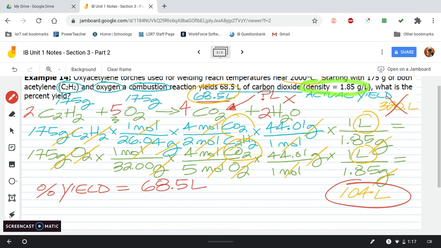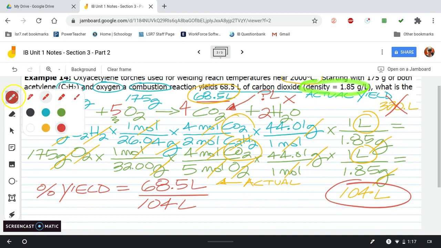That's my actual. That's what was created in the real world. And then we're going to divide that by the 104 because that's what was supposed to happen. We did the math, the pencil and paper, and found out that theoretically, that's what was supposed to happen.